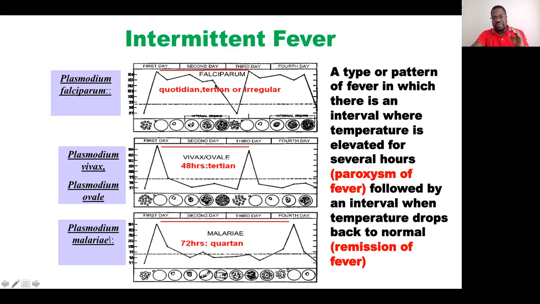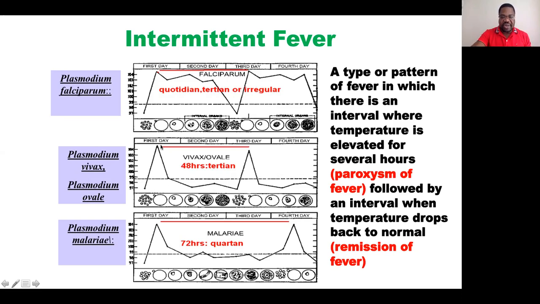Then you will experience a remission around the 3rd day. Then you have another peak, and it remains there again. So sometimes it looks like quotidian, or like tertian, or irregular in terms of pattern. So you have an intermittent fever, but the pattern is irregular.